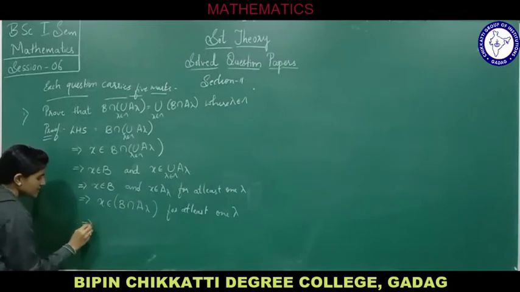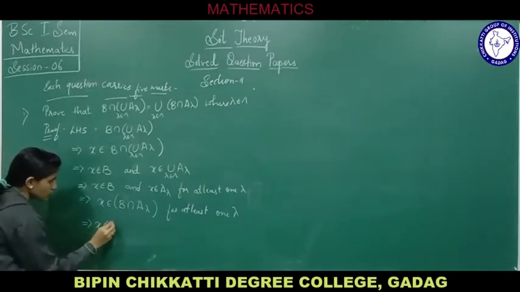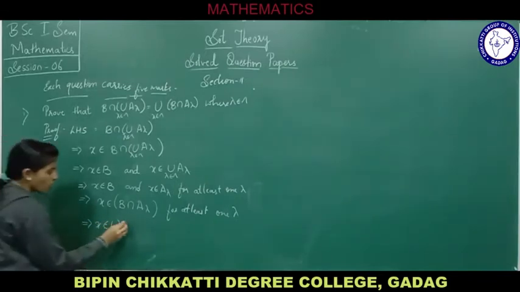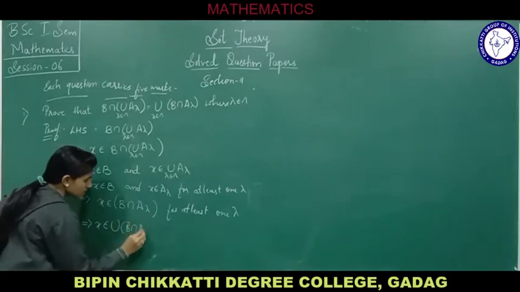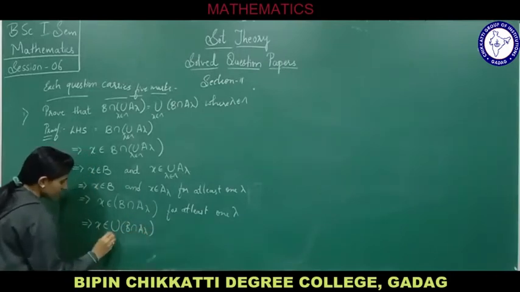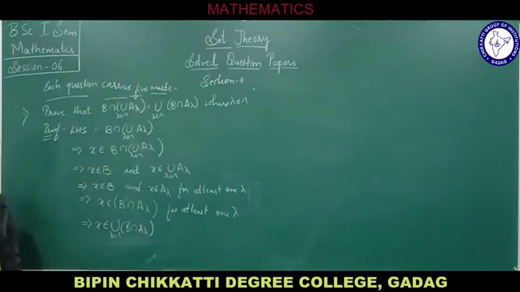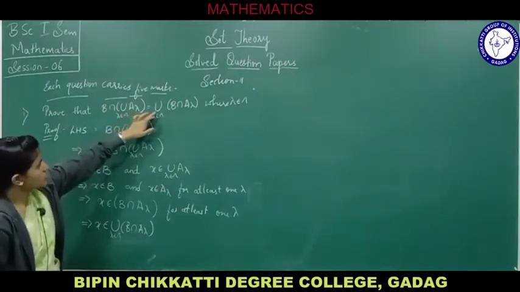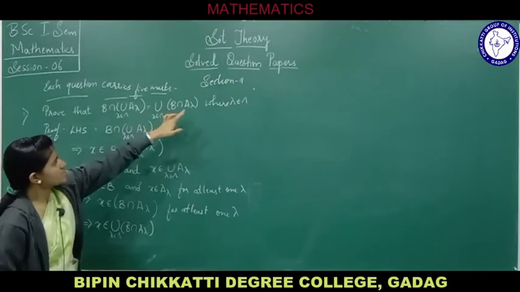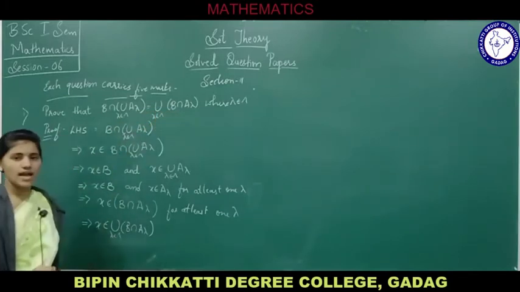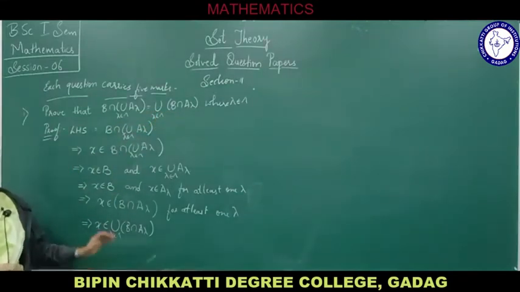It implies that x belongs to union of B intersection A lambda, where lambda belongs to this index set. Right? We wanted this.